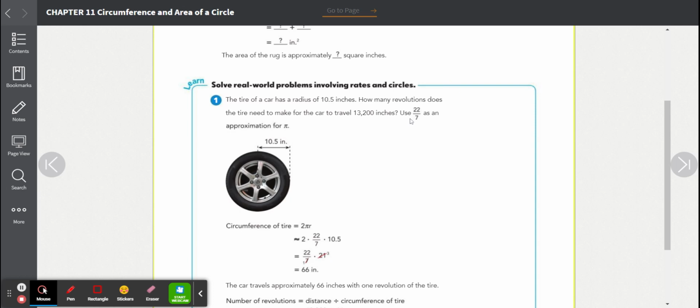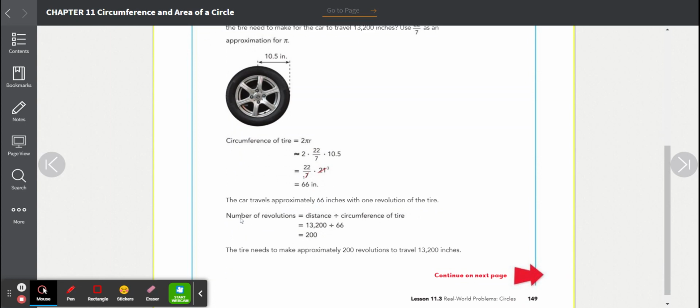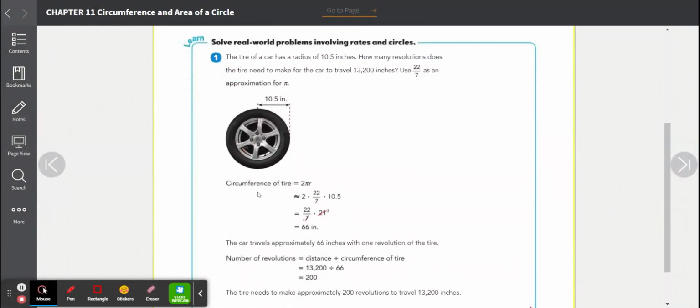For this one, they're going to use 22/7 as approximation for pi. The way that we're going to solve this is we're going to solve for the circumference of the tire, and then find the number of revolutions by dividing the distance by the circumference of the tire.